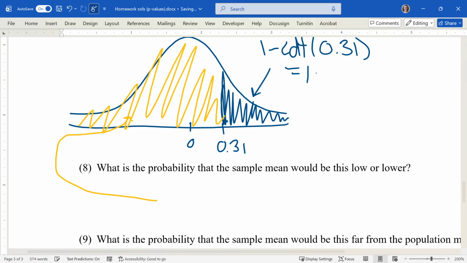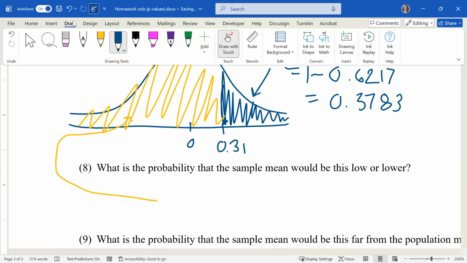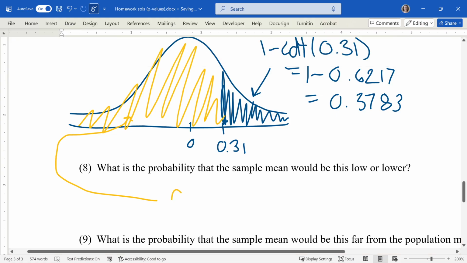So this should have been 1 minus 0.6217, which would be 0.3783. Pardon my arithmetic. Which means that down here we would have 0.6217.